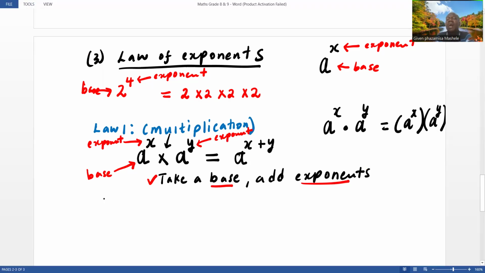So now why are they saying when we have multiplication, we must take one base and add the exponents? Here is the answer.